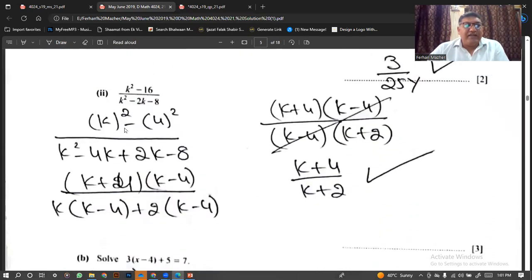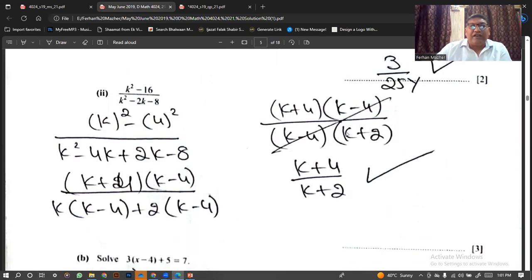Here you can see k squared minus 4 squared. Downstairs I will write: minus 4 and 2k, they are the pair. So k squared minus 4k plus 2k minus 8. Upstairs it will become (k plus 4)(k minus 4). Here I will take k common, so you will have k minus 4. From here I will take plus 2 common, so you will have k minus 4.